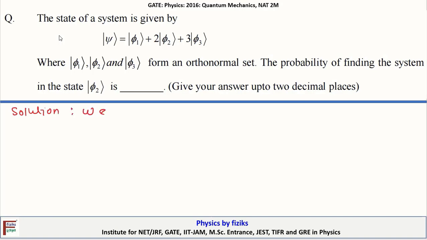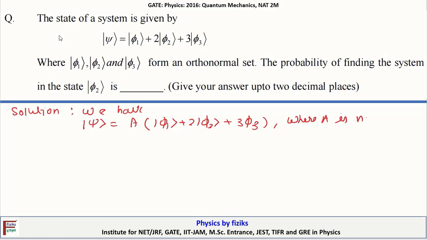We have ψ = a(φ1 + 2φ2 + 3φ3), where a is the normalization constant.